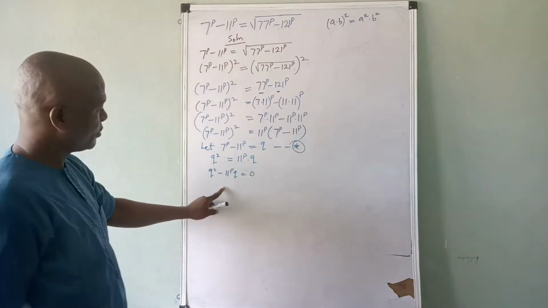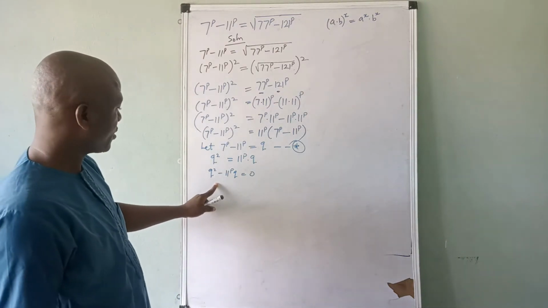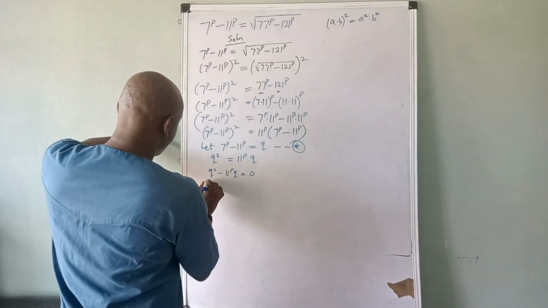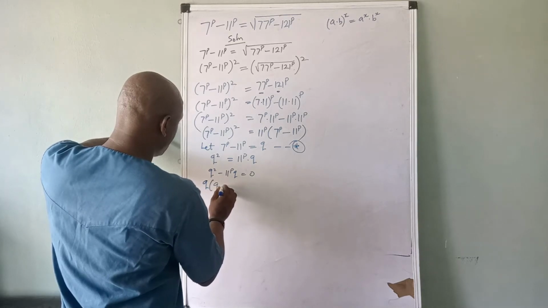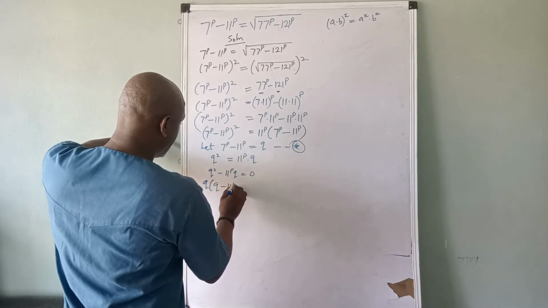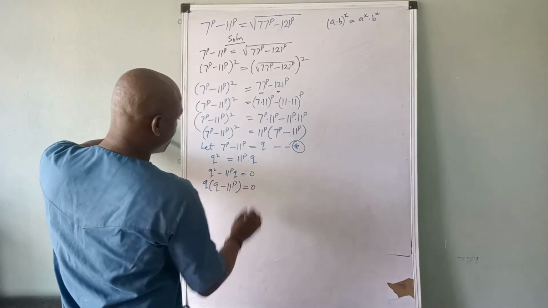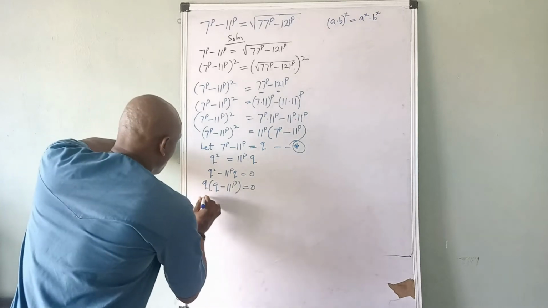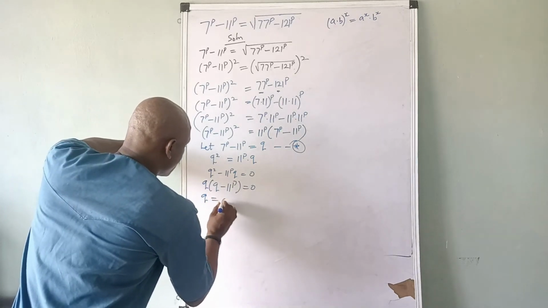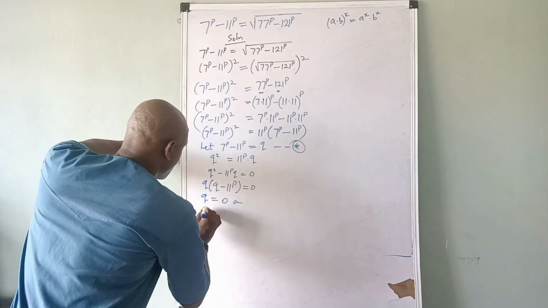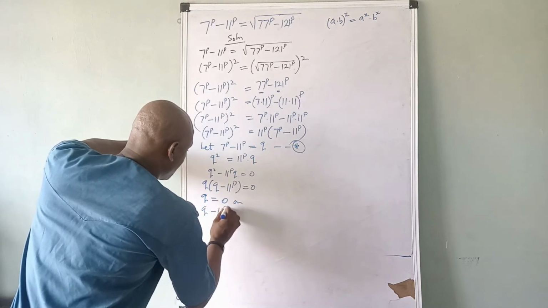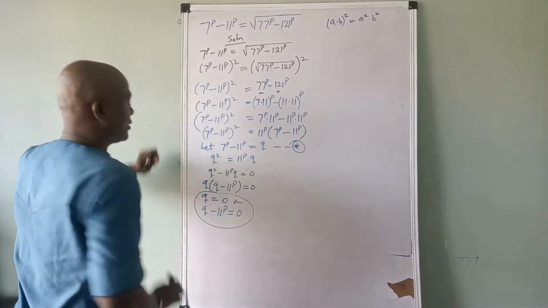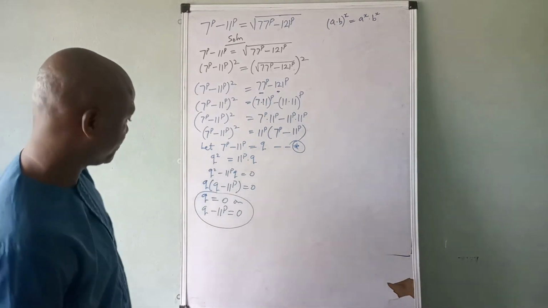Looking at this, it is a quadratic equation. And looking at this, q is common. So we have that q into q minus 11 raised to the power p is equal to 0. So employing the zero product rule, we have that q is equal to 0 or q minus 11 raised to the power p is equal to 0. So this is what we have as the expression for q.